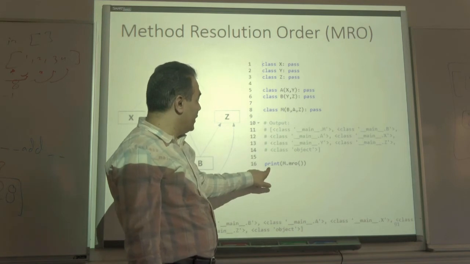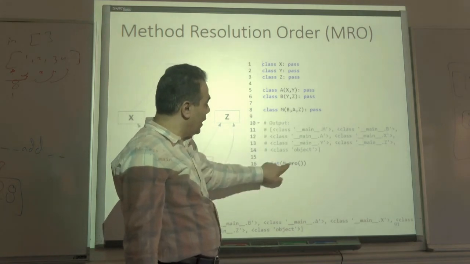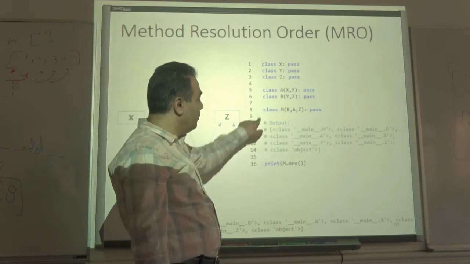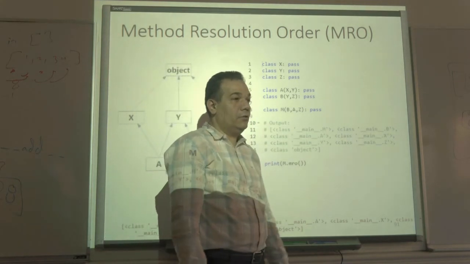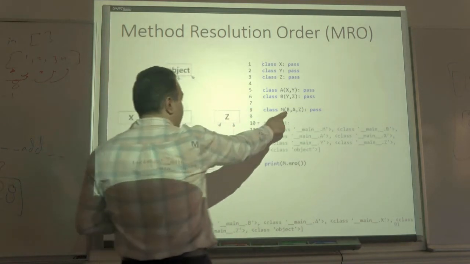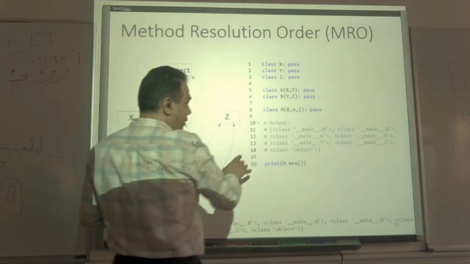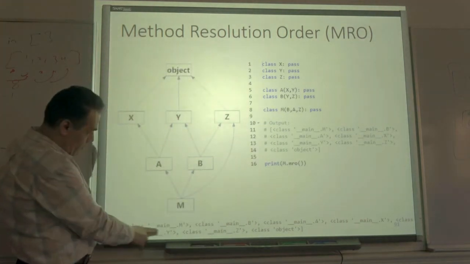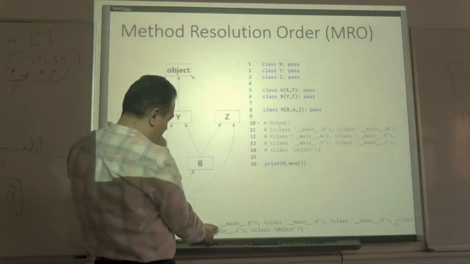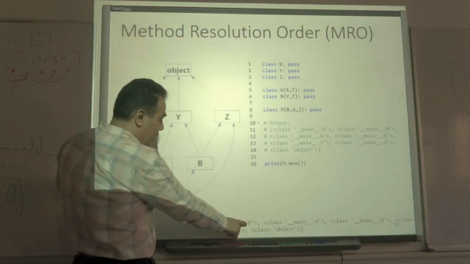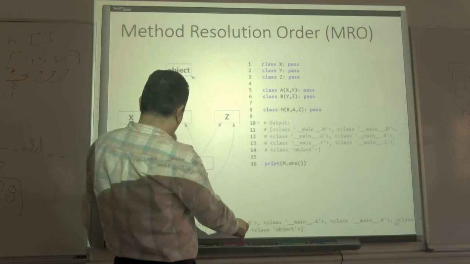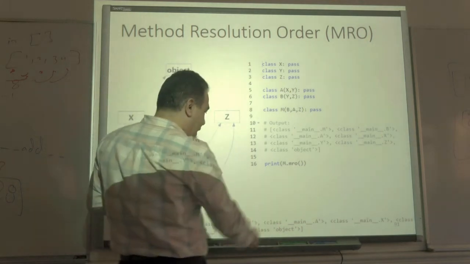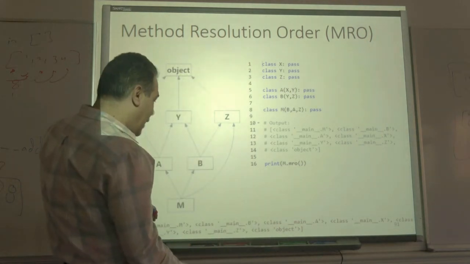If I type M dot MRO, it will tell me the order of the inheritance. So M first, then B, then A, then X, and so on.